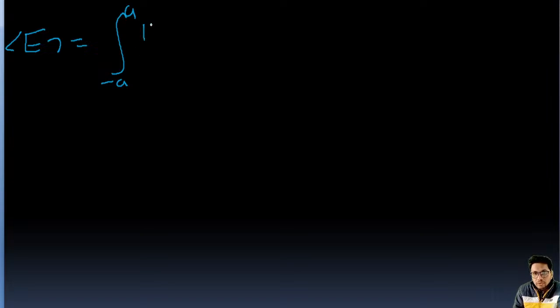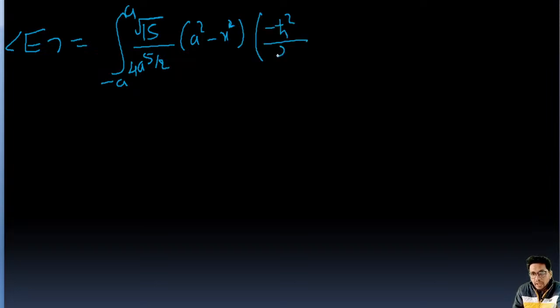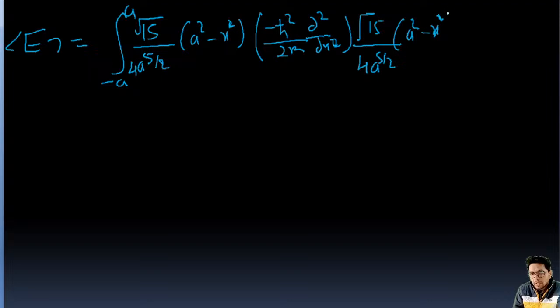We'll write the values: root 15 upon 4 a to the power 5 by 2, a square minus x square, psi star is also the same, into minus h cut square upon 2m del square upon del x square into, again, root 15 upon 4 a to the power 5 by 2, a square minus x square dx. Very easy, now we can easily integrate it. Now you just need to do the integration.